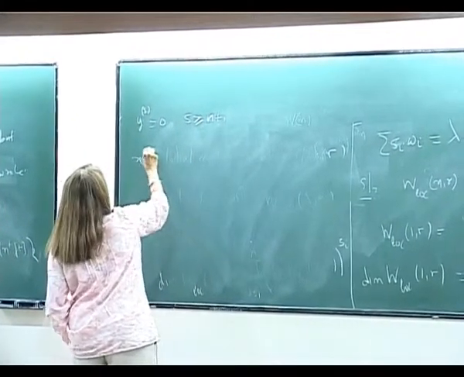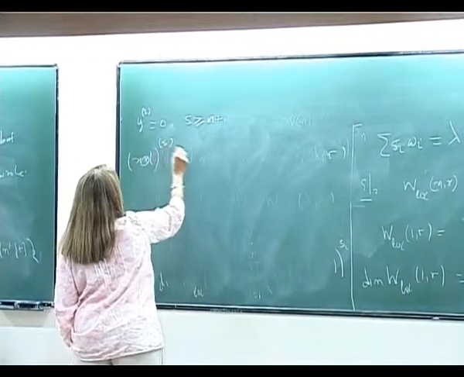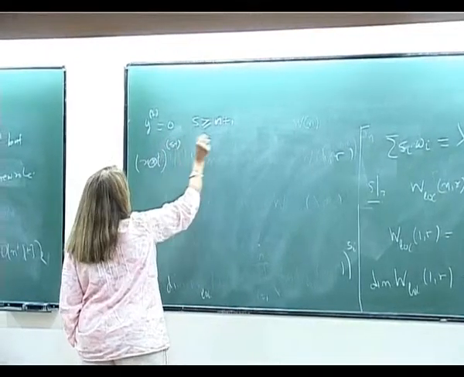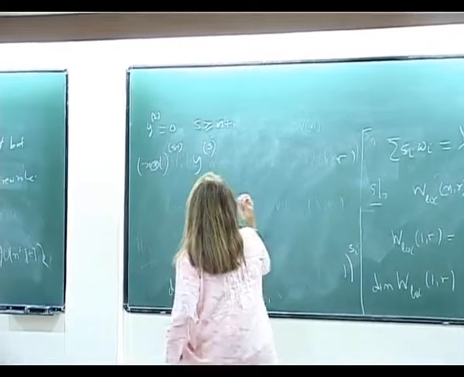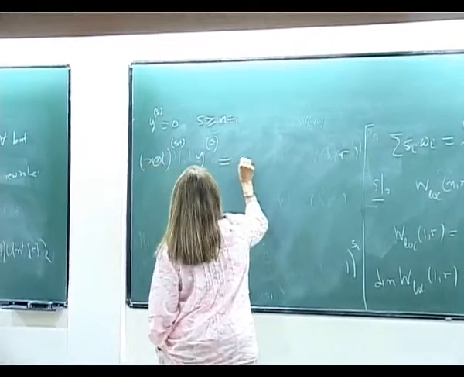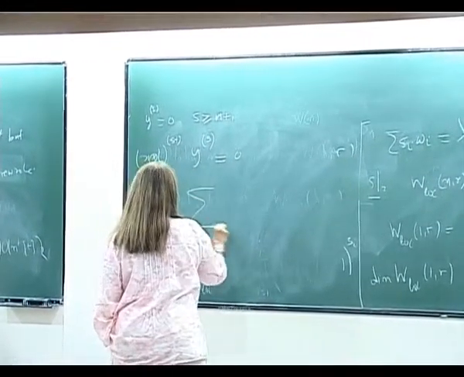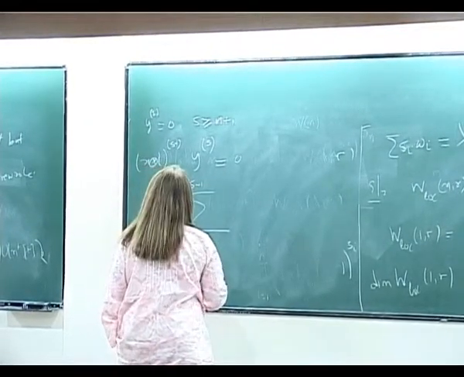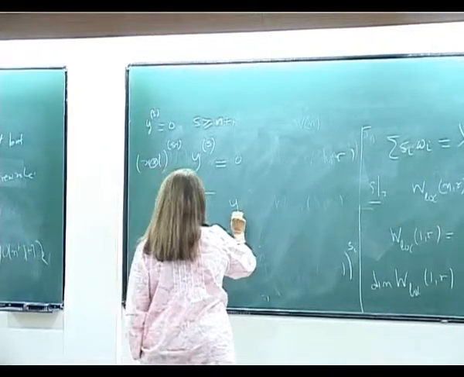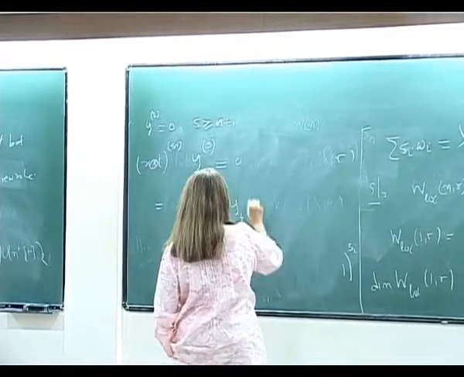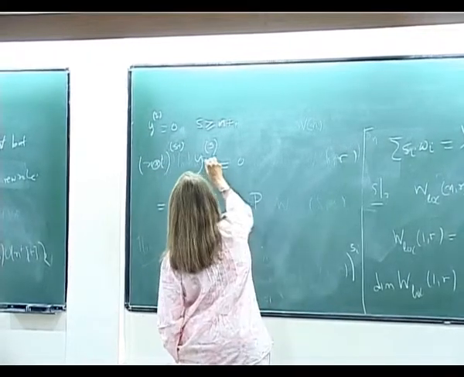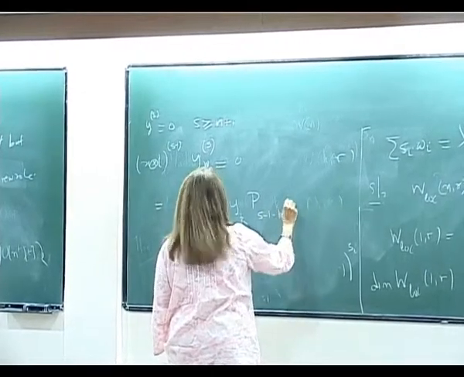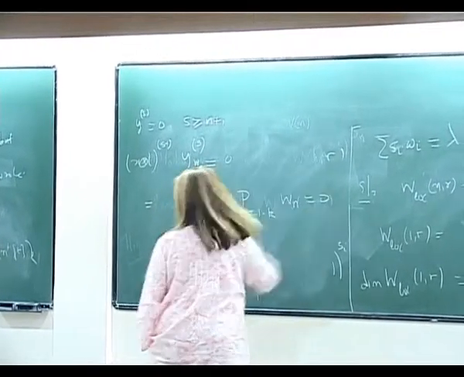And now using Garland, I get x tensor t power s, y power s minus 1, y power s on the one hand equal to 0, and on the other hand equal to the summation k equal to 0 to s minus 1 of y k p s minus 1 minus k wn, equal to 0.